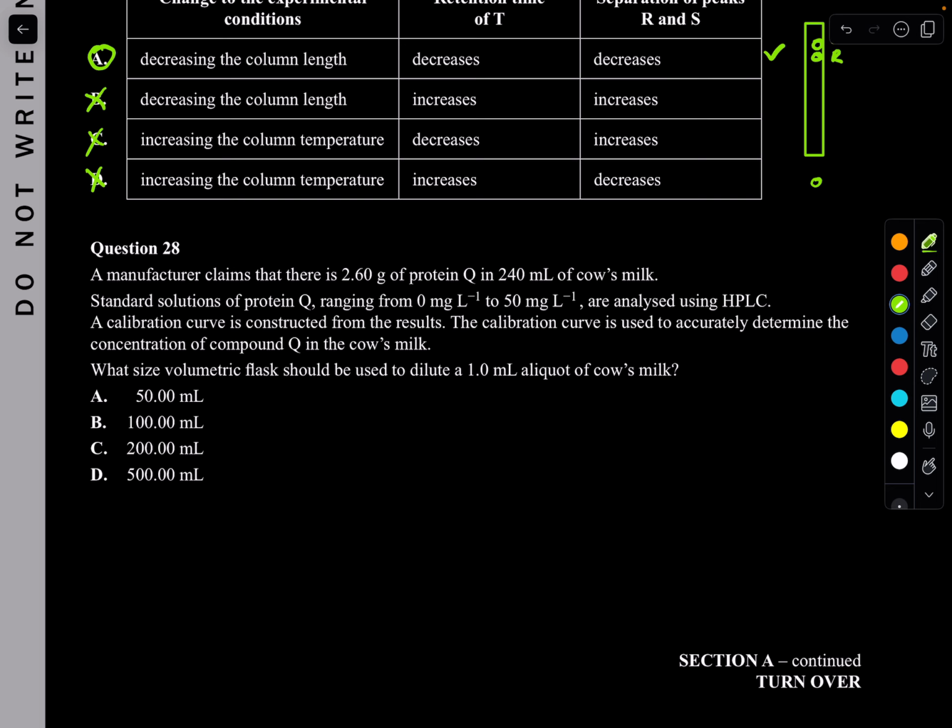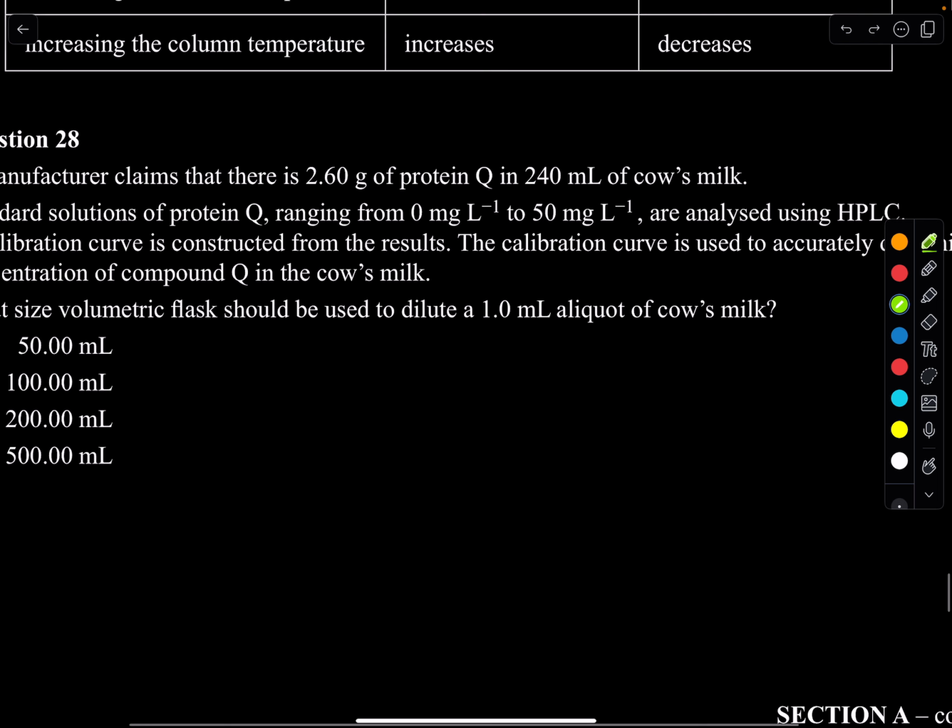They basically just repeated the question. So what you should do is, we want to get it in terms of this. You know that 2.6 grams of protein Q is in those 240 milliliters. We want to get it in this unit, milligrams per liter. It's in terms of grams, we want milligrams, so we should times it by 1,000. So 2.6 times 1,000, you basically get 2,600 milligrams.